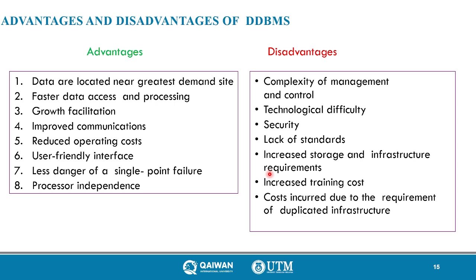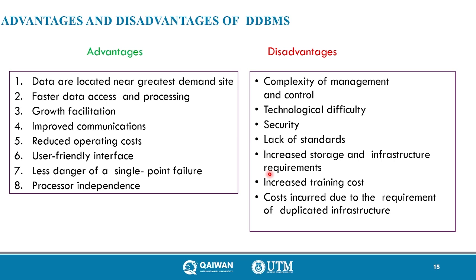Advantages and disadvantages. Now we know that the distributed database management system, as everything else in the computing world, has its own advantages and disadvantages. The advantages would be: data are located near the greatest demand site, faster data access and processing, growth facilitation, improved communication, reduced operating costs, user-friendly interface, less danger of a single point of failure, and processor independence.